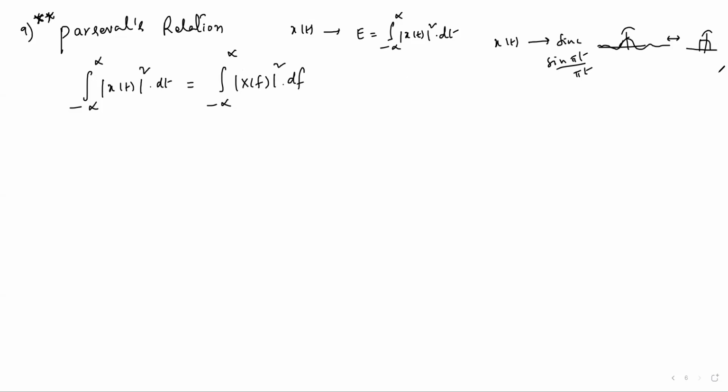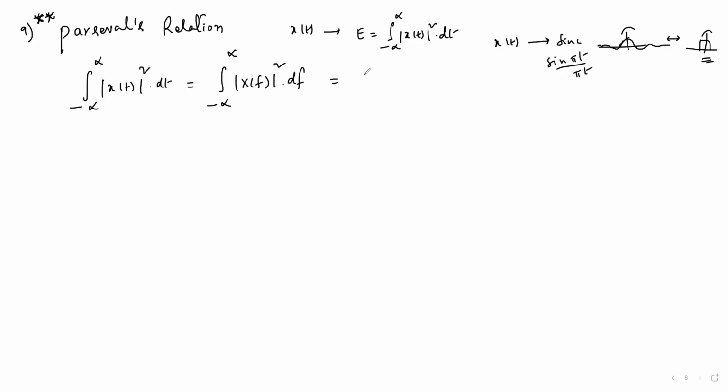So finding this area or this integration expression for a rectangle is very easy. So if one cannot solve this energy expression in time domain, they can go to the frequency domain by using Parseval's relation. This kind of question is repeated in the previous papers, especially from 2015 or 2017 onwards. Every year I am seeing this kind of question. Very important question, Parseval's relation.